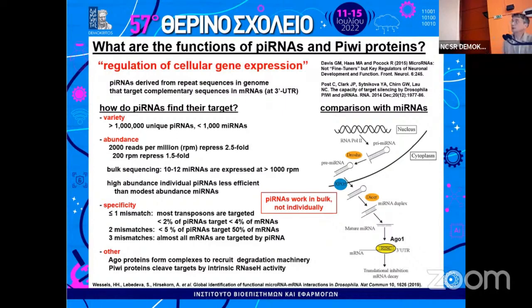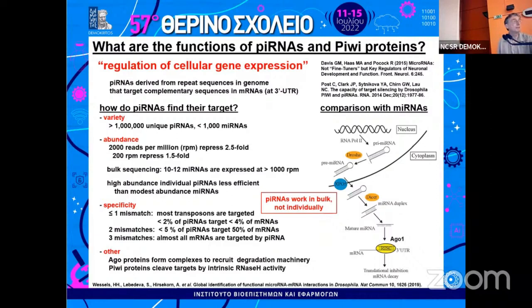However, it needs to be considered that the piRNAs are different than microRNAs. First of all, there is the variety. There are many more unique piRNAs than microRNAs, so at least 1,000 times more. And one also has to consider the abundance of individual piRNAs.